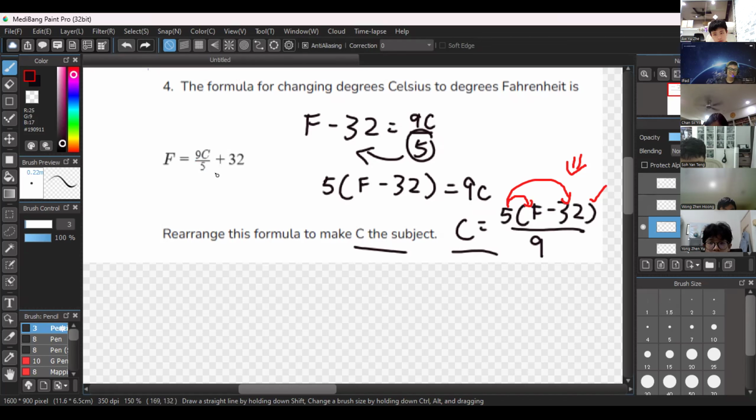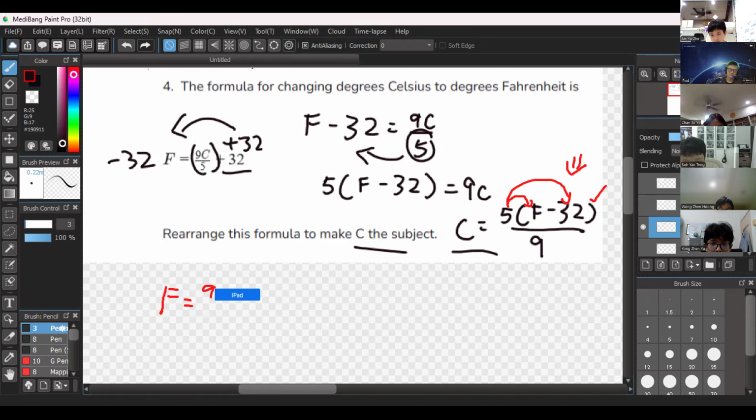I think that we cannot, because it is 9c divided by 5, and then the final step is plus 32. So when we move it over to the other side, our first step should be minus 32. Mr. David, if I'm wrong, then correct me.